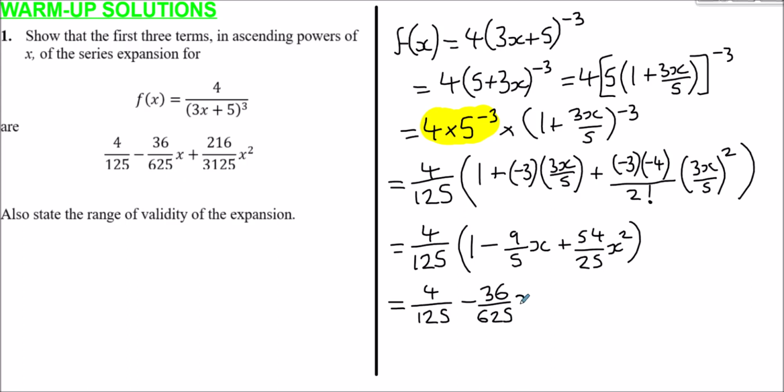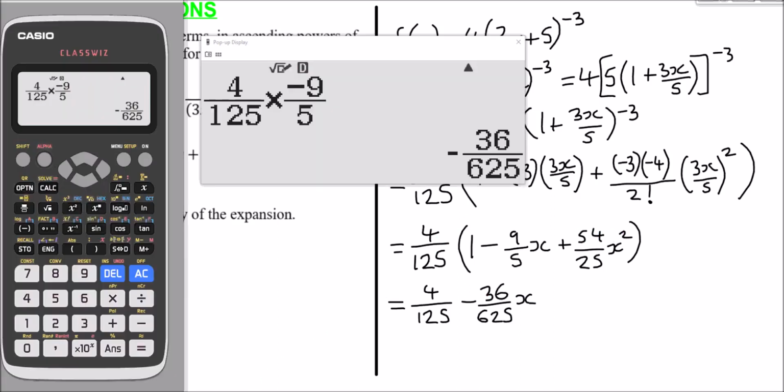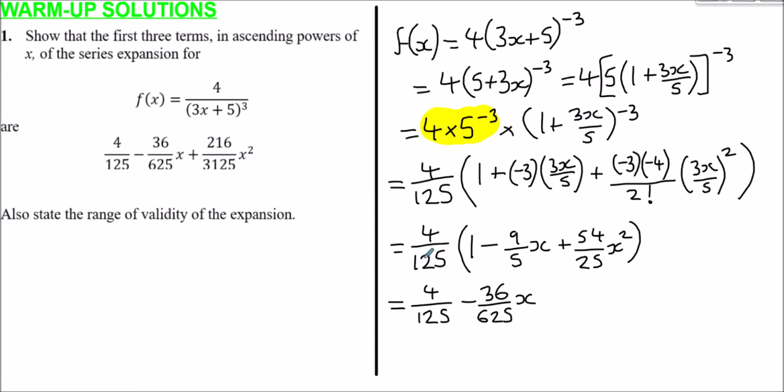So it matches, which is good. And finally this one, 4 over 125 times 54 over 25. I can leave that 4 over 125 as it is, and just multiply by 54 over 25, and we get 216 over 3125, which is required. So that's our binomial approximation to f of x up to the x squared term at least.